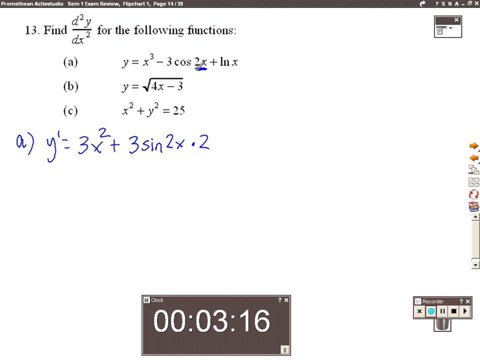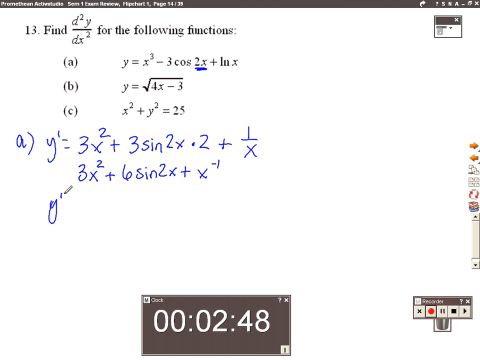The derivative of the outside cosine is negative sine, and the derivative of the inside 2x is 2, plus the derivative of ln of x is u prime over u, so I get 1 over x. Second derivative, let me clean this up: 3x squared plus 6 sine 2x plus x to the negative 1.